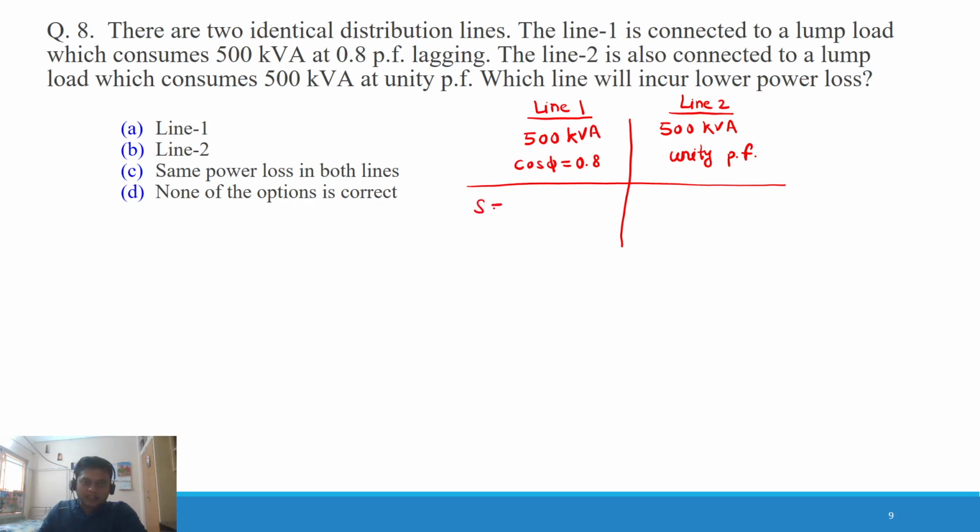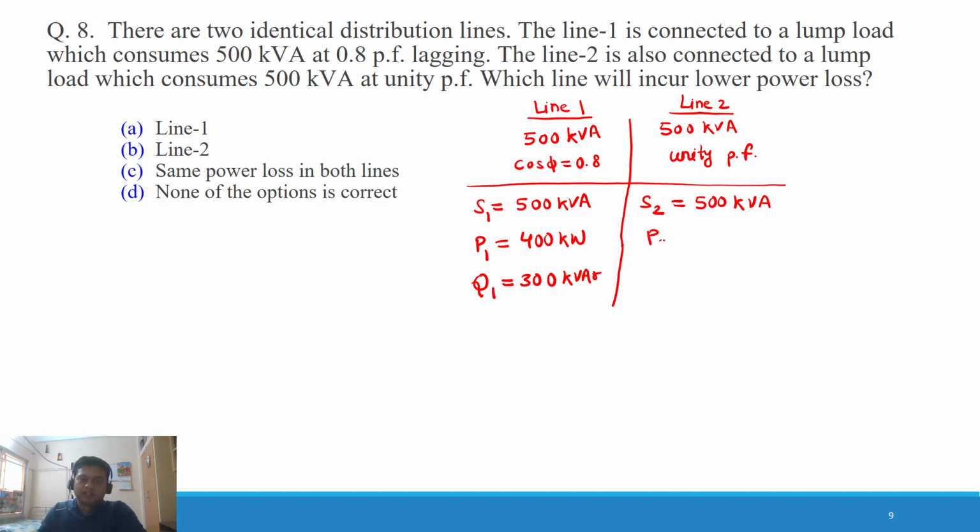So we can write S1 as 500 kVA, that is apparent power, and S2 as 500 kVA. So in both lines it is constant. To find the active power, P1 is S1 into cos phi, which is 500 times 0.8, that will be 400 kilowatt, and Q1 will be S1 into sin phi, which is 0.6, so it will be 300 kVAR.